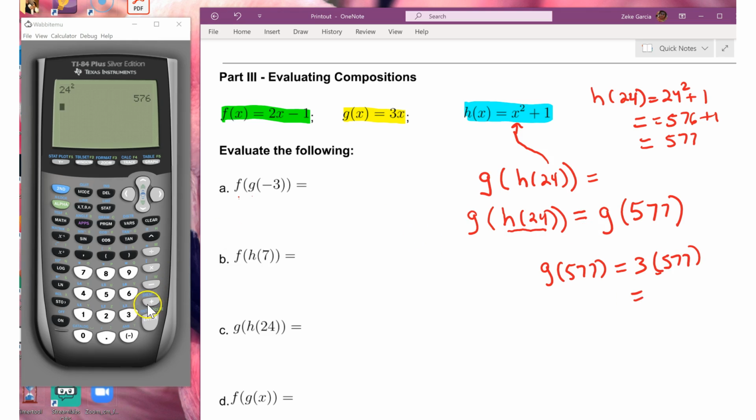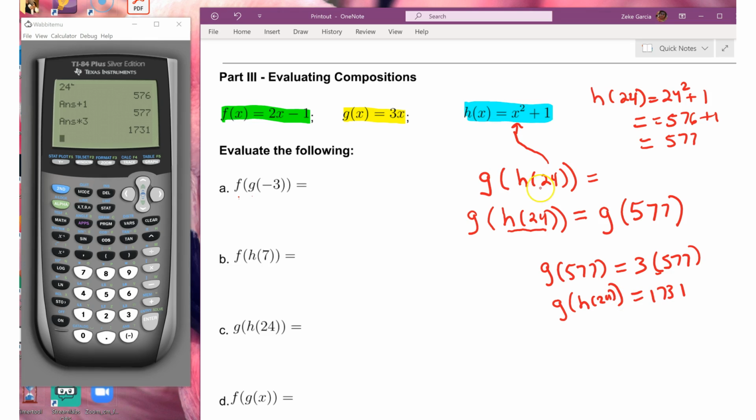So we added 1 to 576, times 3, gives us 1,731. So what is the composition? G of h of 24 gives you 1,731.